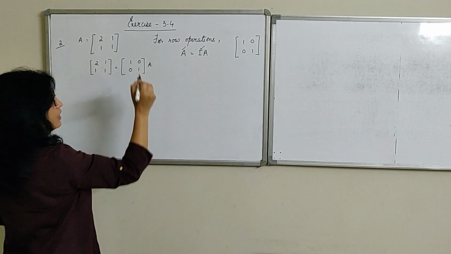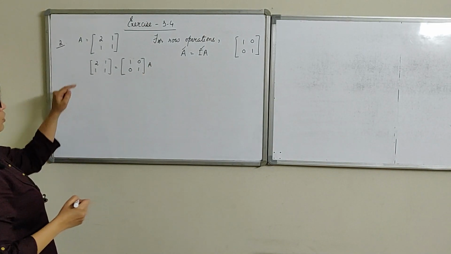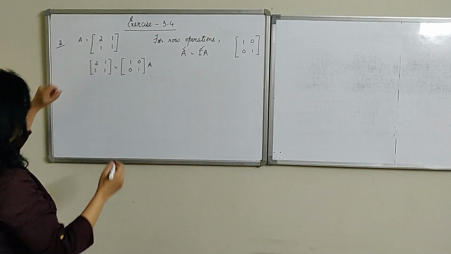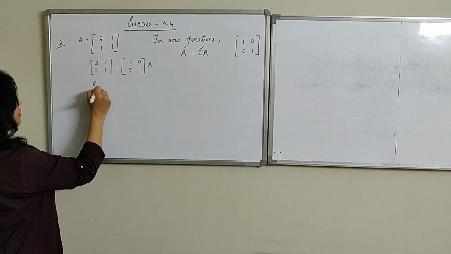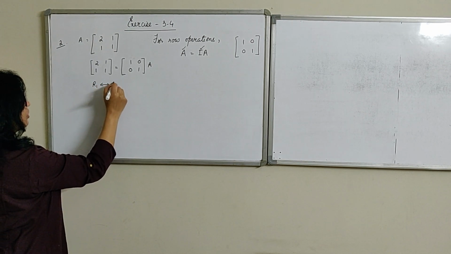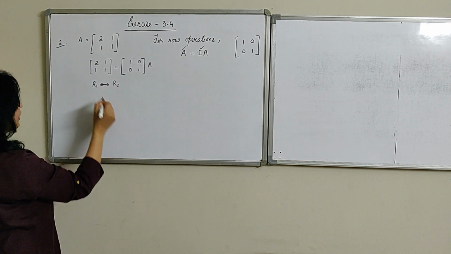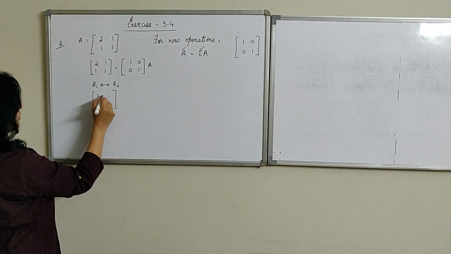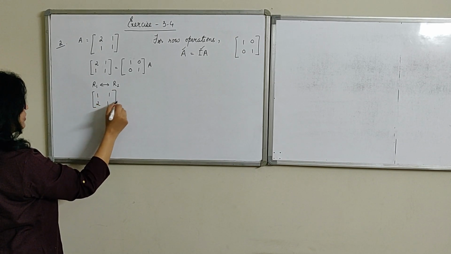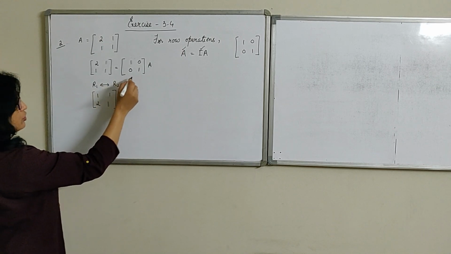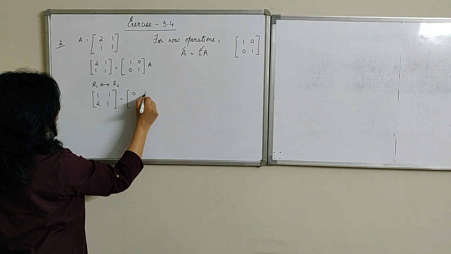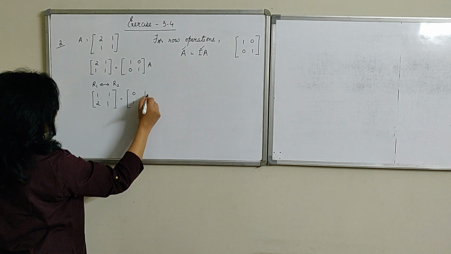It is written as such. Now this is matrix A. We want the first element to be 1. So we can interchange row 1 and row 2, and the new matrix obtained is this. The same row operation we'll perform on the identity matrix also, and the matrix obtained is this.